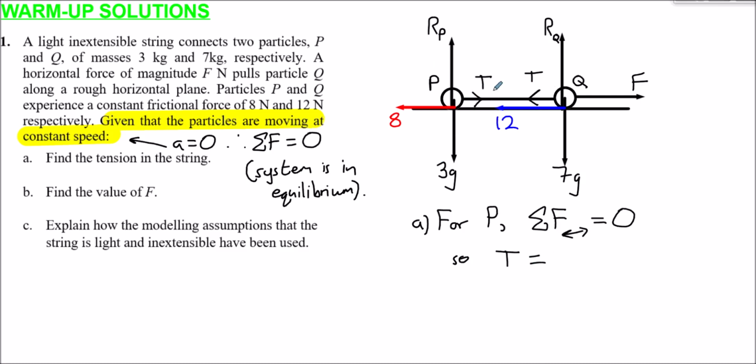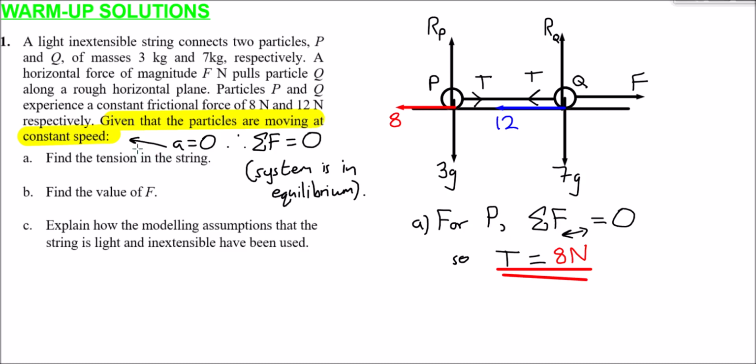So the tension here must be equal and opposite to this 8 newtons. So the tension must equal 8 newtons. P isn't experiencing any net acceleration, so the forces going to the left, which are 8, must balance with the forces going to the right, which is just T. So the tension must be 8 newtons in this string.